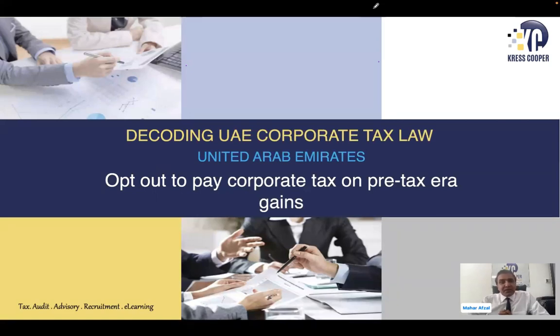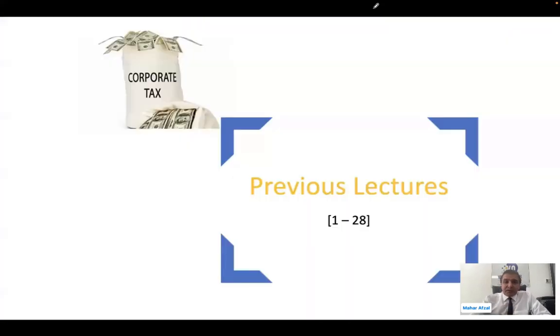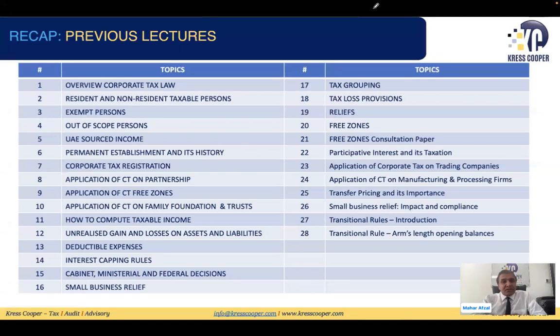So, as I mentioned earlier, we have already discussed two lectures on the transitional provision. This is the third and final lecture. As usual, we have already conducted 28 webinars on the corporate tax, and we have covered almost everything.